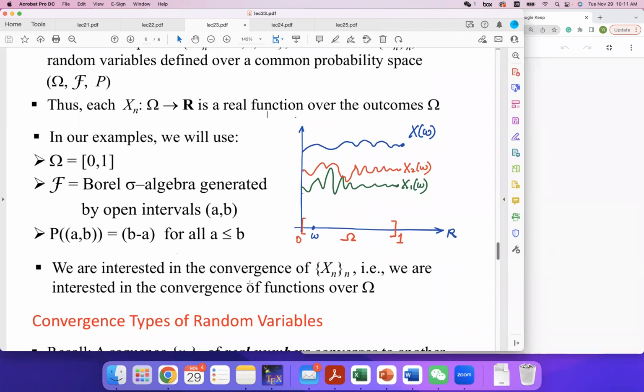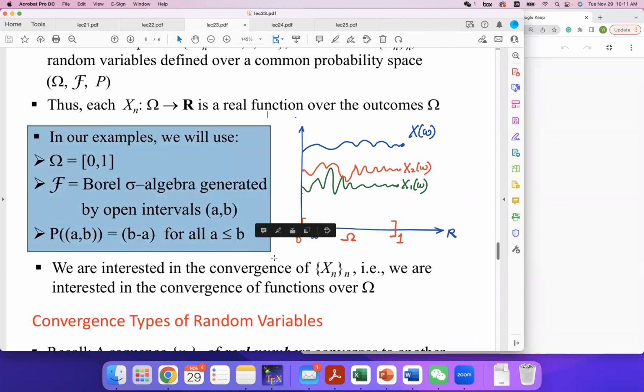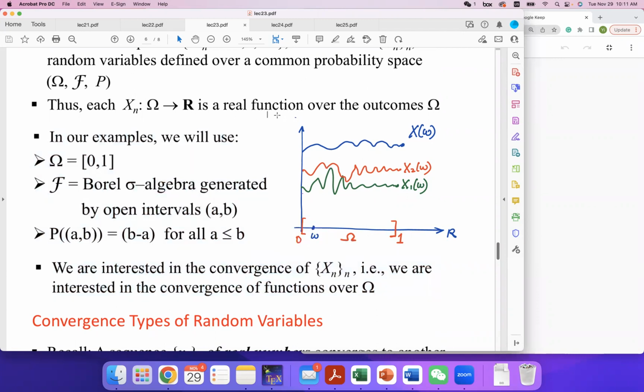And we are looking at the convergence behavior of Xn. This is a figure that illustrates this sequence of random variables. The x-axis is the outcome space, the interval between 0 and 1, which is the omega space.